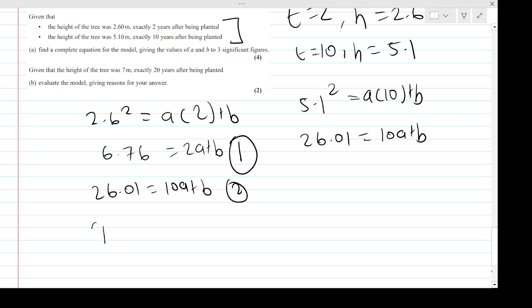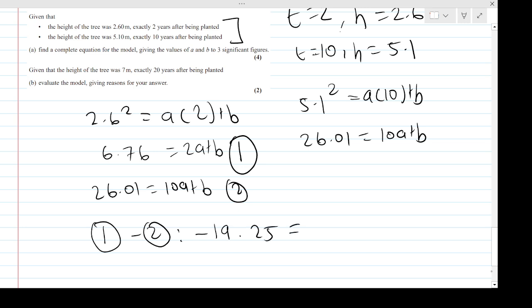If I take the first equation minus the second equation, that means 6.76 take away 26.01 is minus 19.25.